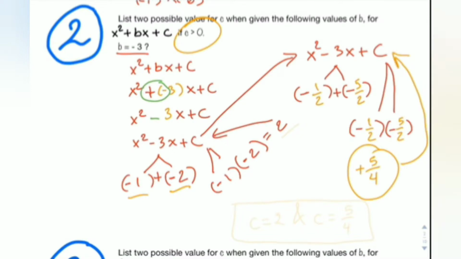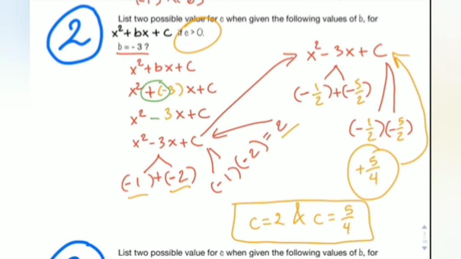There you go. Perfect. So C equals 2 and C equals 5 over 4. Everything is perfect. I'm just double checking my math because we always double check.